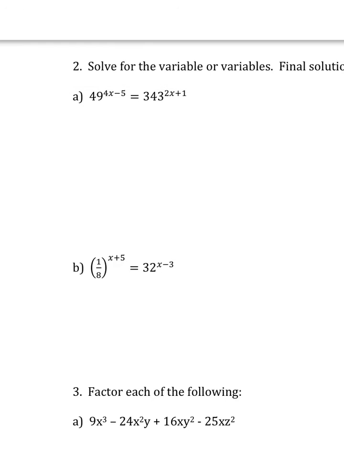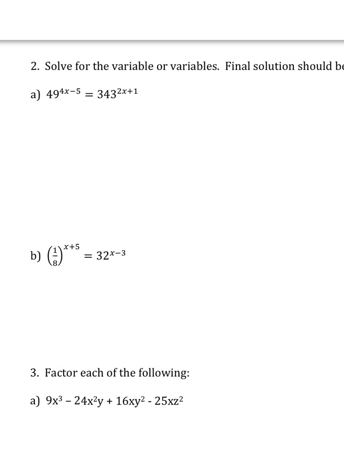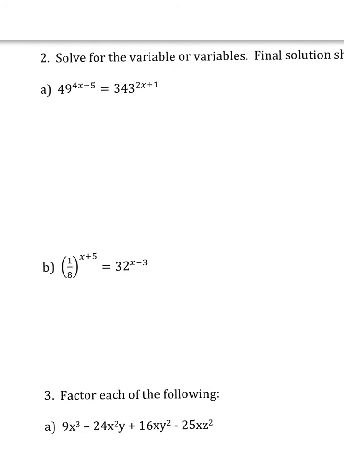Okay, so now we have some solving to do. Okay, so we take a look at A, and we need to find the base that's common to both sides here, and that's going to be a 7.